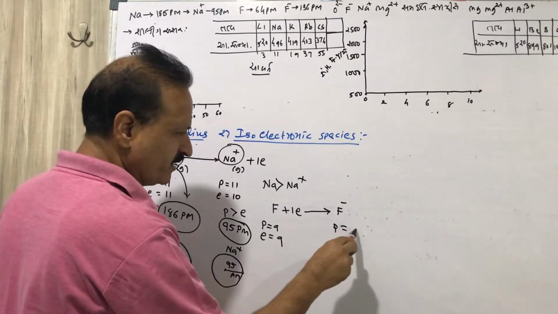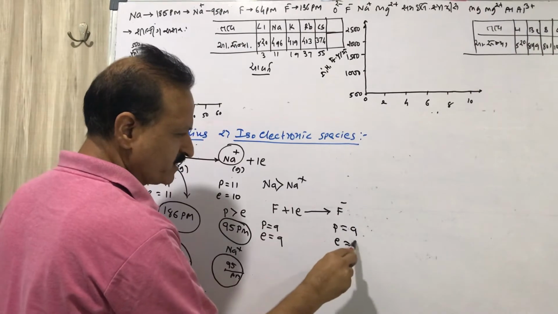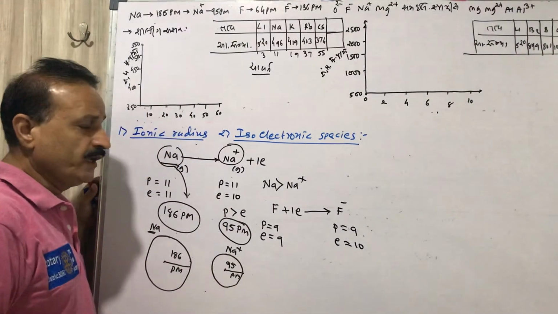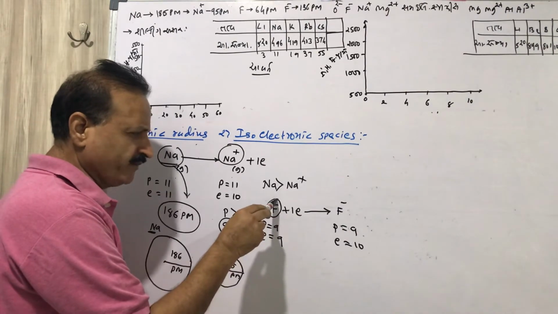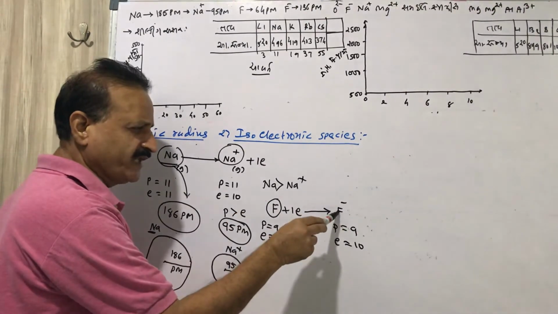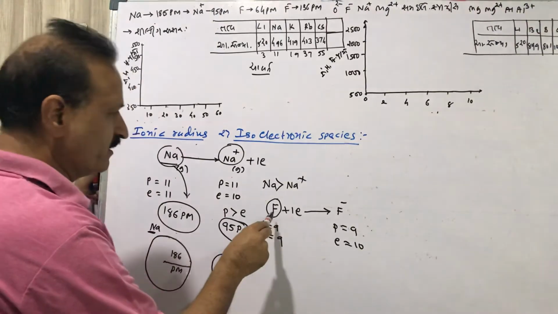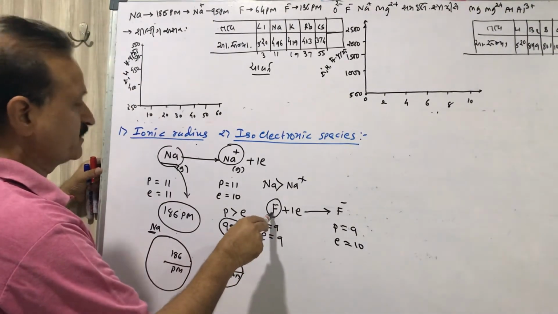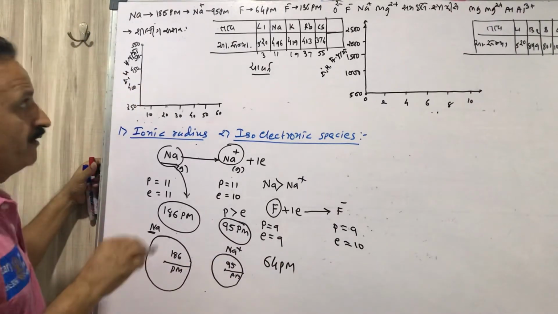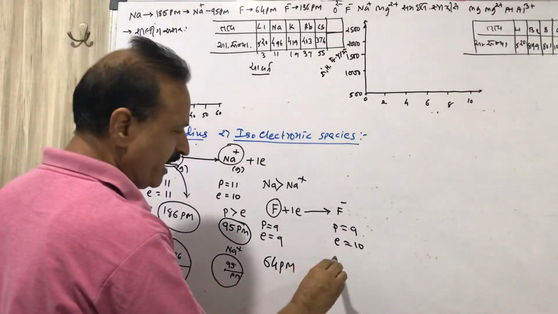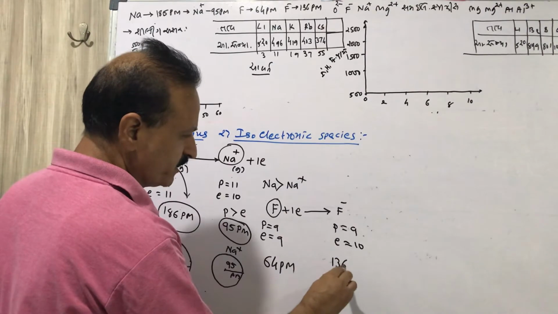Here protons are 9 and electrons are 10. It means the neutral parent atom has less size than its negative ion. The fluorine atomic radius is only 64 pm, while the fluoride ion has an ionic radius of 136 pm.